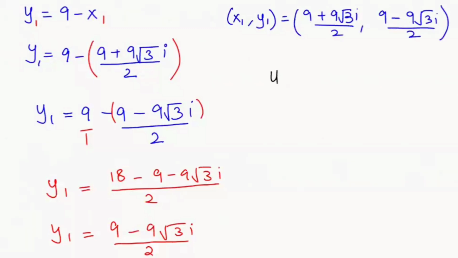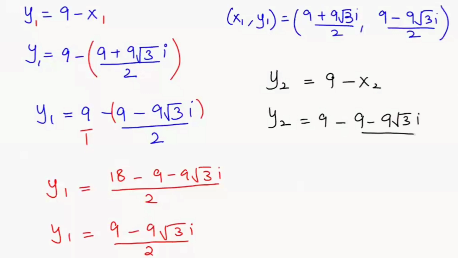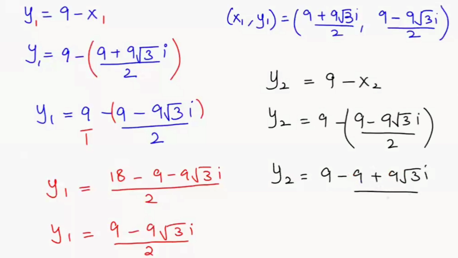We're going to find the value of y2 by plugging in the x2 value. So here we get y2 is equal to 9 minus, and the x2 value here I'm going to take is (9 minus 9 root of 3 iota) over 2. First, I'm going to multiply that negative sign: 9 minus 9, minus 1 is plus 9 root of 3 iota over 2.